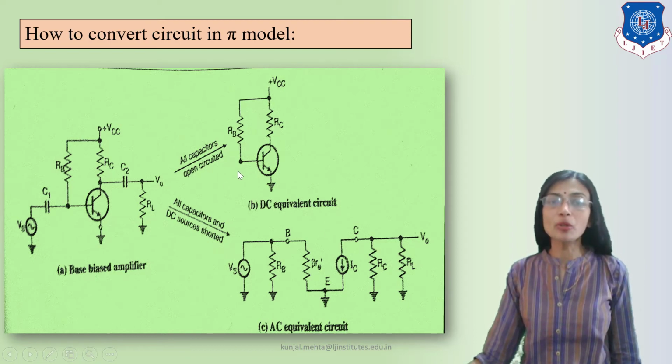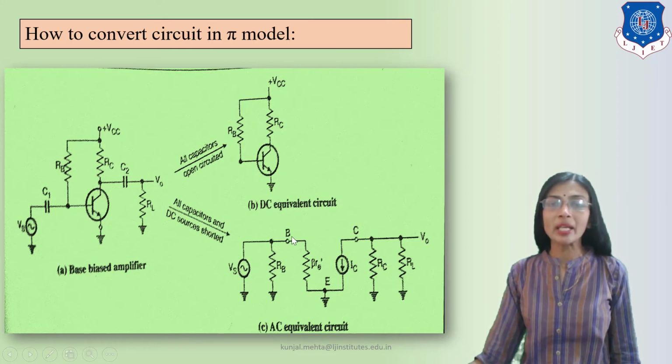The first step shows the output, or result, of the DC equivalent circuit. When all capacitors are considered to be open, then we get the DC equivalent circuit. But when we consider all capacitors shorted, then this amplifier is converted into this pi model, and that is nothing but the AC equivalent circuit.